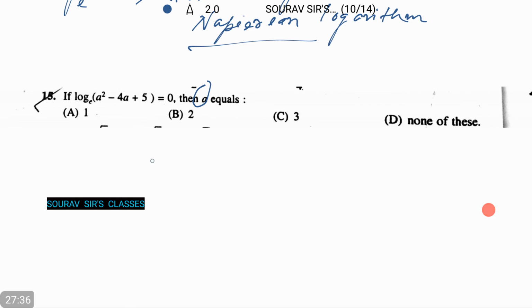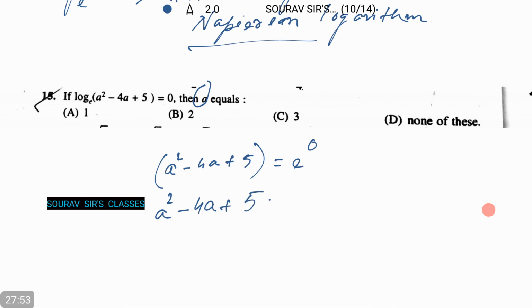We take the anti-log on both sides. So we have a squared minus 4a plus 5 equals e to the power 0, and a squared minus 4a plus 5 equals 1. So it boils down to a simple quadratic, which is a squared minus 4a plus 4 equals 0.